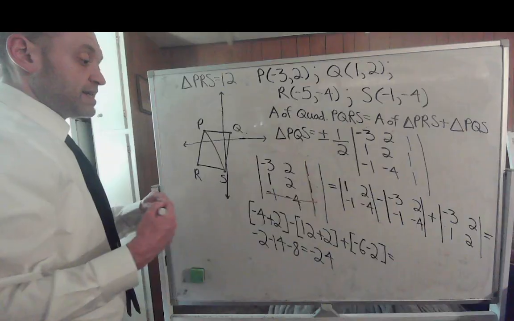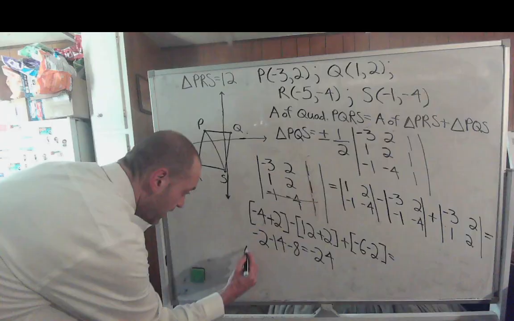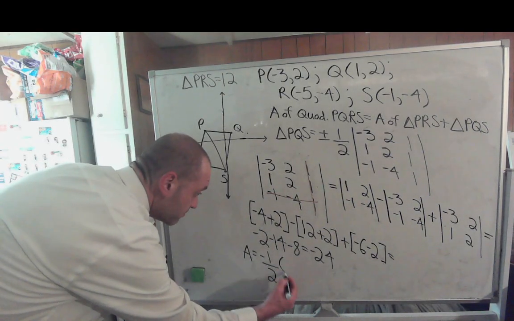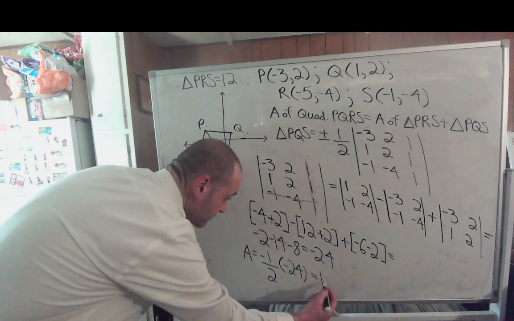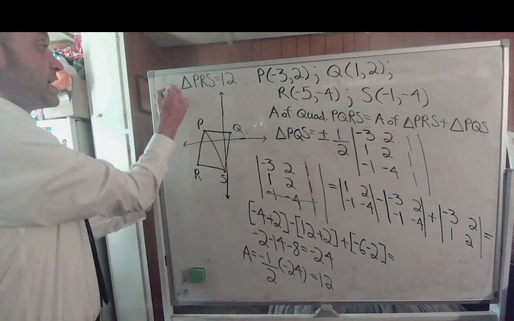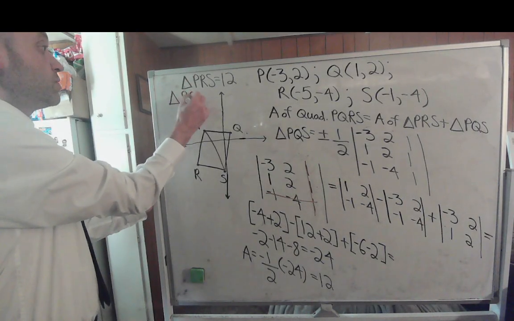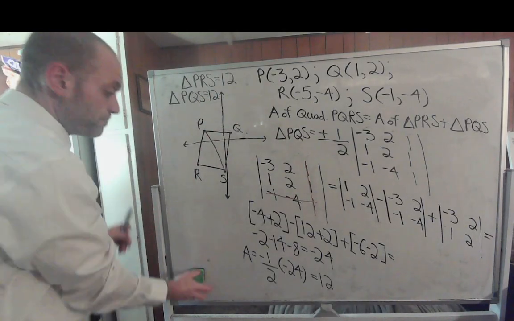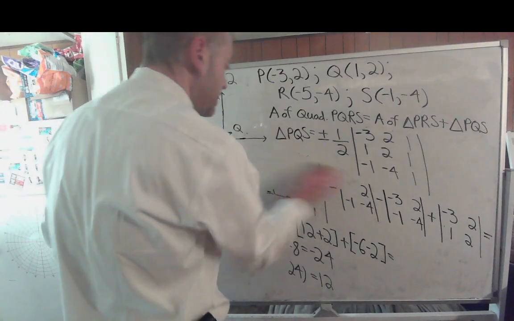Since the determinant is negative, I need to take -1/2 this time. So the area would equal -1/2 of -24, which would end up giving me +12. So now we have the area of triangle PQS also equals 12 square units. So we found the area of both triangles.